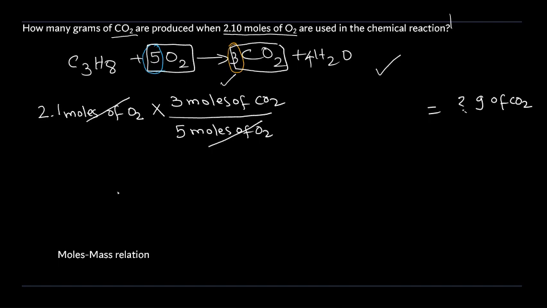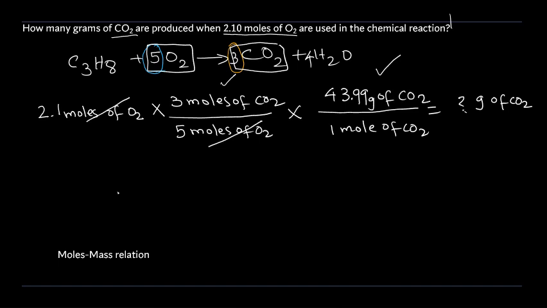And now again, I don't want moles of carbon dioxide. I need grams of carbon dioxide. So I know in 1 mole of carbon dioxide, I have 43.99 grams of carbon dioxide.